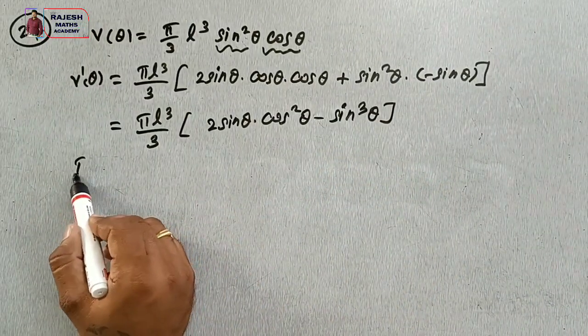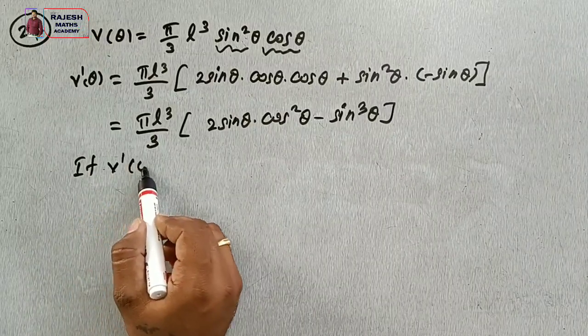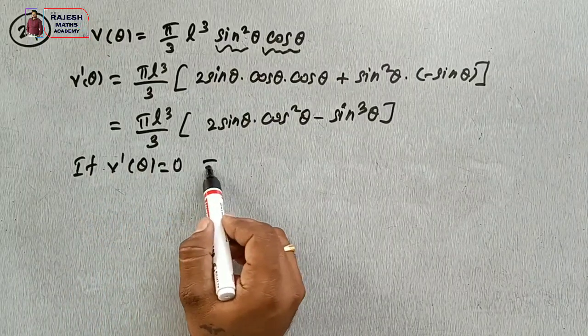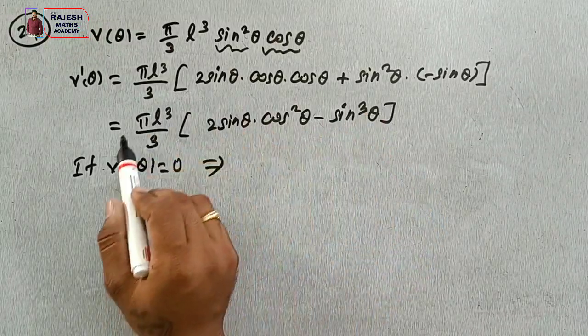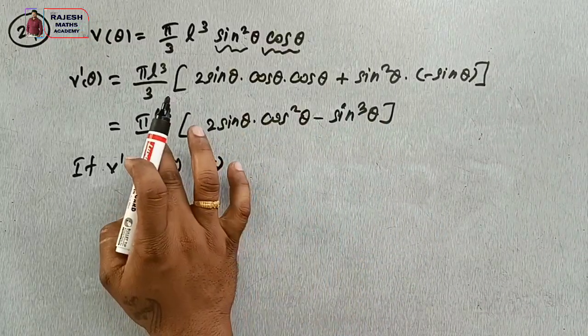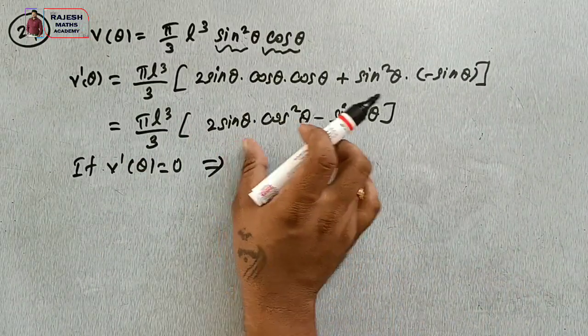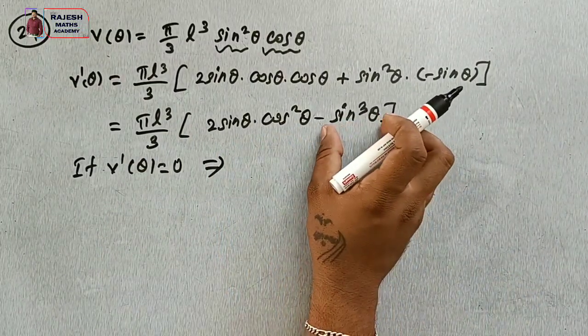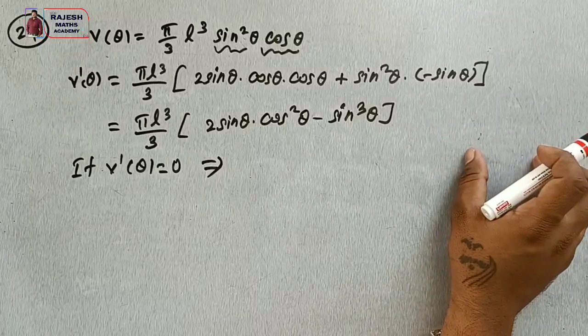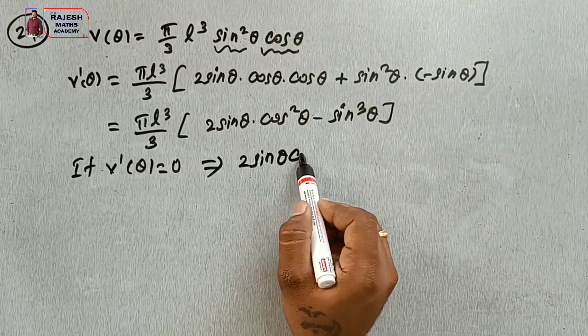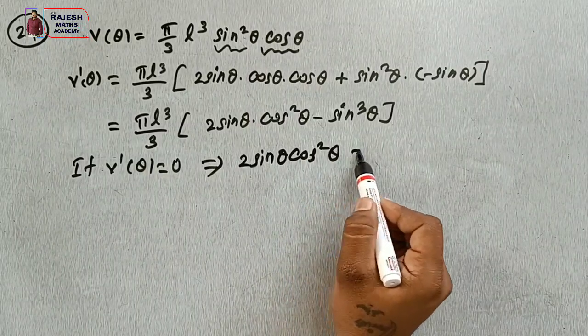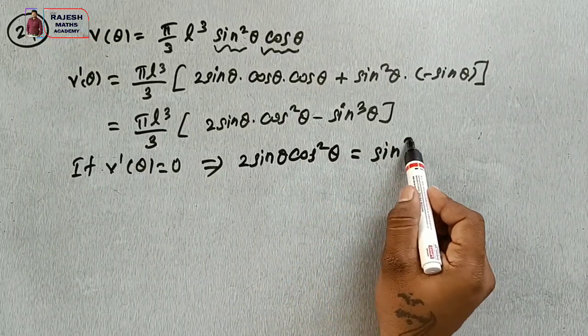Now if V dash of theta equal to 0, the constant will not become 0, so these two terms only will be remaining. This minus sin cube we take to the right side, so remaining will be 2 times sin theta into cos square theta equal to sin cube theta.